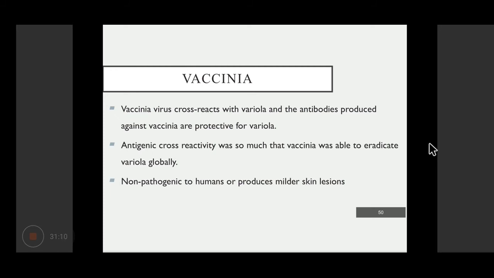This cross-reactivity was so great that it was able to eradicate the variola disease, that is, smallpox. And the virus itself, the Vaccinia virus, was relatively non-pathogenic for human beings or produced only mild skin lesions.